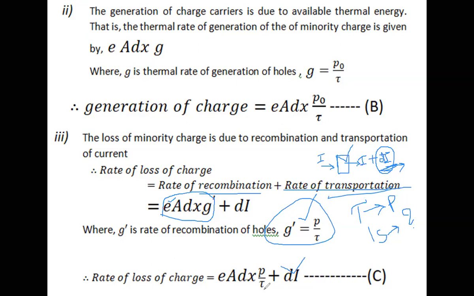Now this particular expression C represents the rate of loss of charge in our semiconductor block.